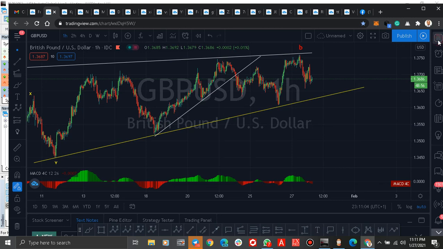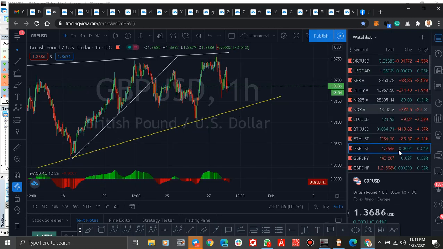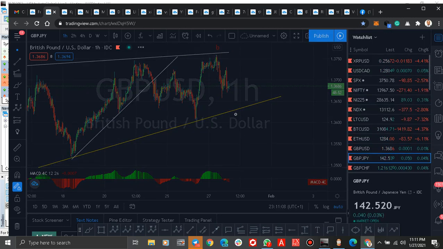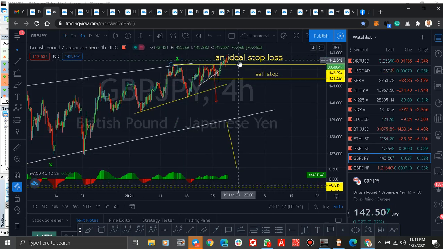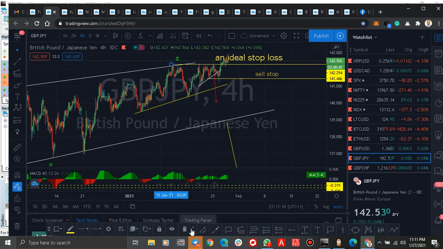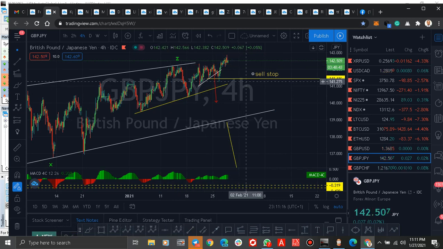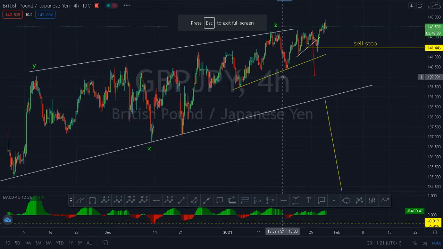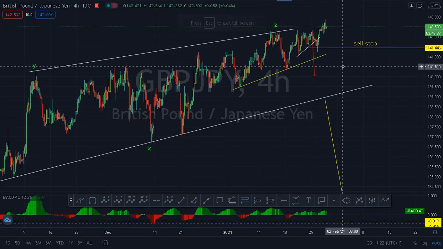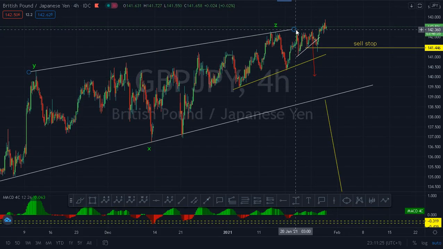Okay, the next pair in the line, pounds yen. Pounds yen is trying to do something different from pounds dollar. Nevertheless, it hasn't broken this channel.